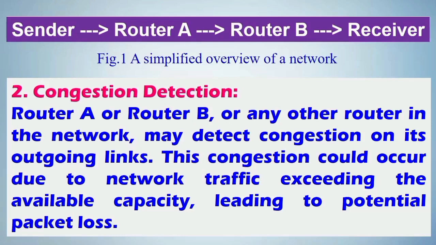That is, a router might identify congestion on its outbound links. This congestion could result from network traffic exceeding the available capacity, potentially resulting in packet loss.